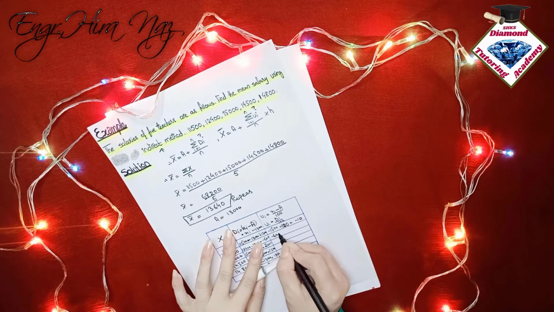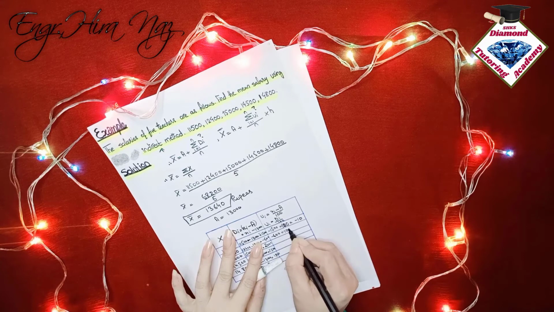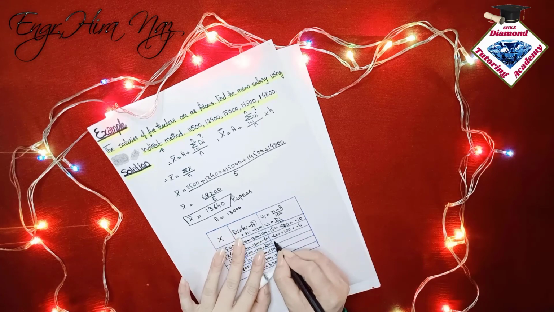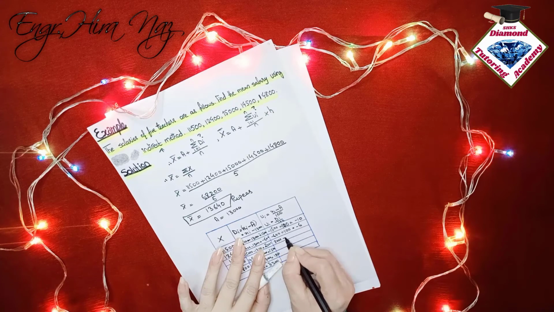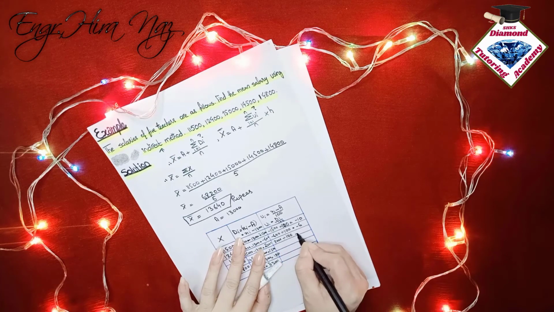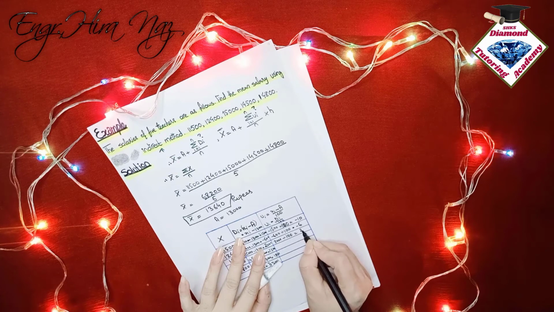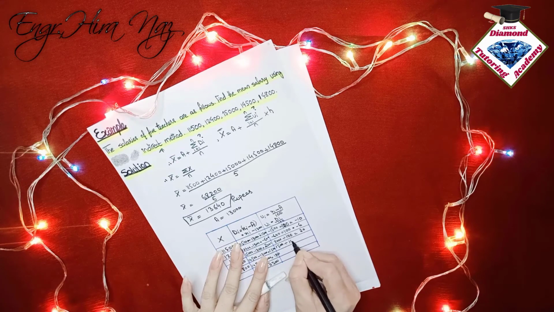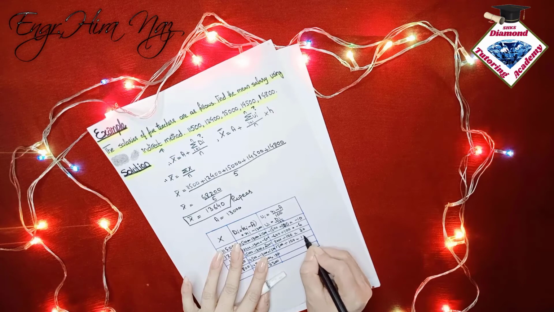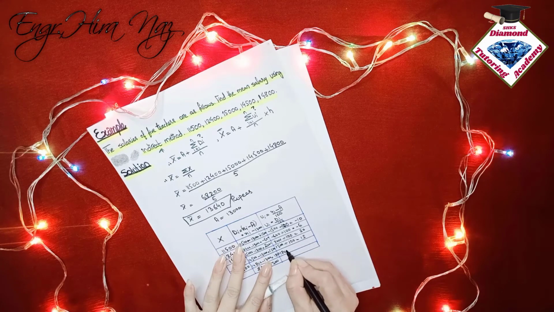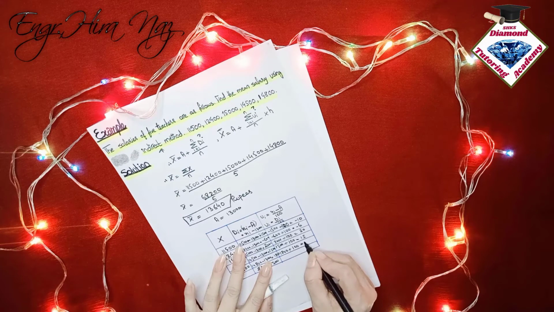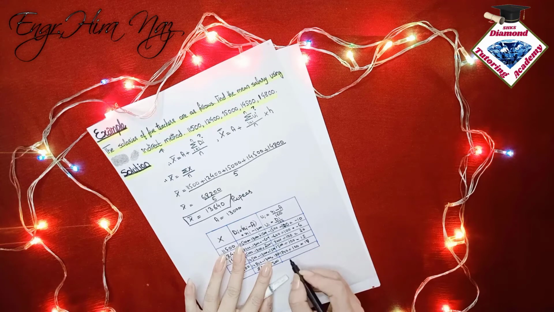Minus 600 divide by 100, you will get -6. 2000 divide by 100, you will get 20. 1500 divide by 100, you will get 15. 1800 divide by 100, you will get 18.